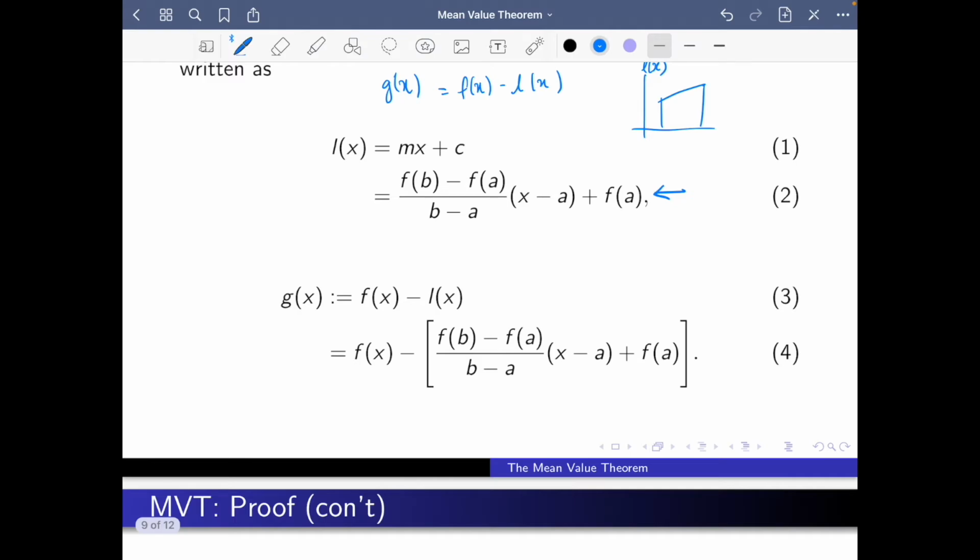At the same time, we put this L(x) back into the definition of g(x). We know f(x) is here and L(x) is here, then just put the whole thing into here.